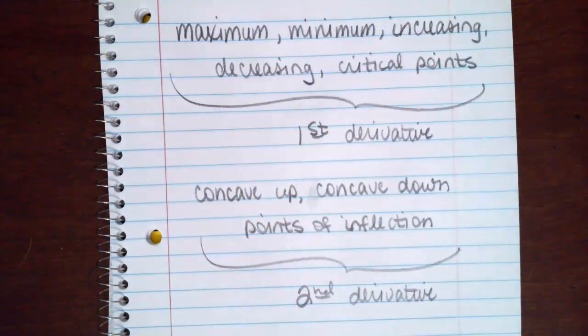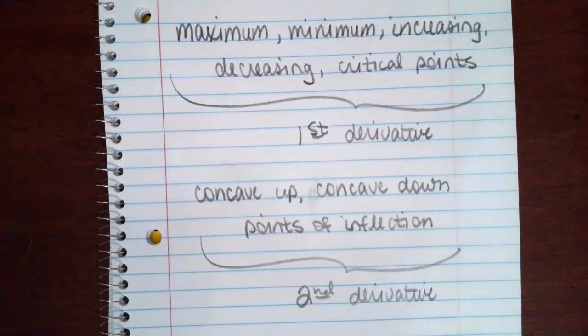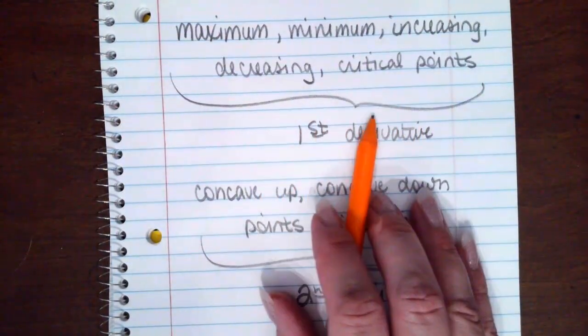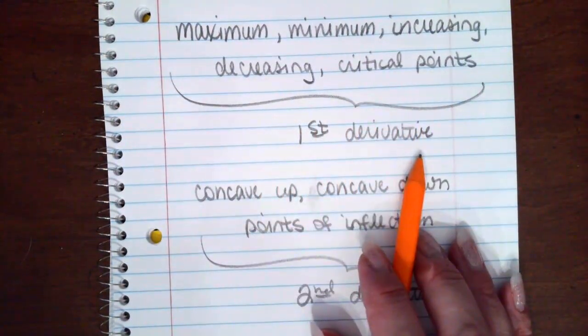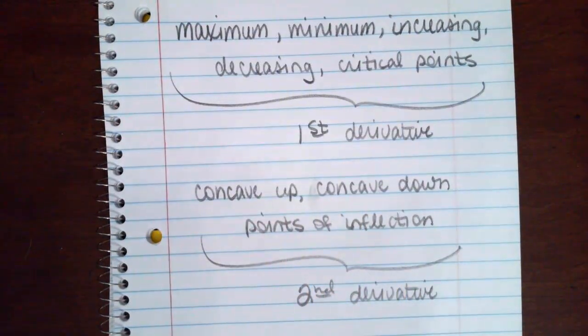Okay? So those are your vocabulary words which should tip you off how many derivatives to take. Maximum, minimum, increasing, decreasing, critical points is all first derivative. Concave up, concave down, points of inflection are all second derivative. So that should be in your back pocket in case you need it.